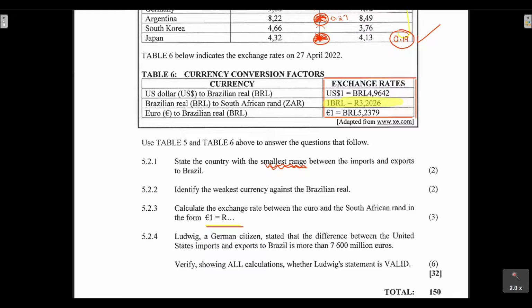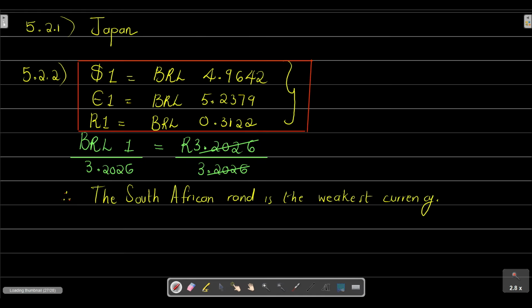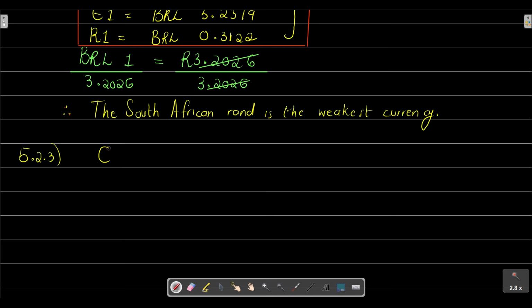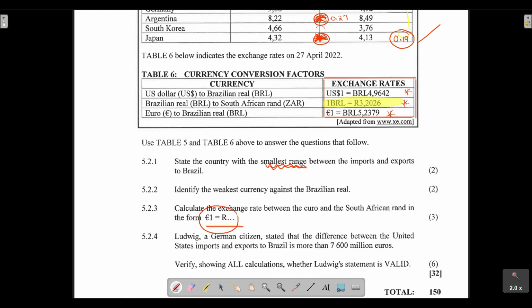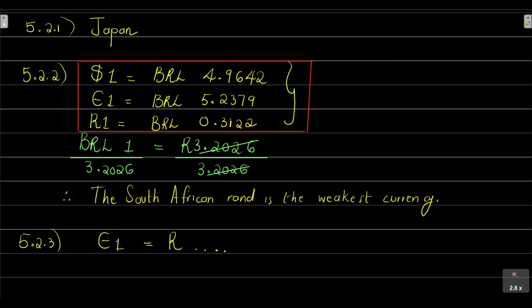As you can see from this table, everything given to us gives the exchange rate from dollars to the Brazilian real, from the Brazilian real to the rand, and from the euro to the Brazilian real. But it doesn't tell us how to convert from the euro to the rand. So we want to get to a point where we can say that 1 euro is equal to something rands.